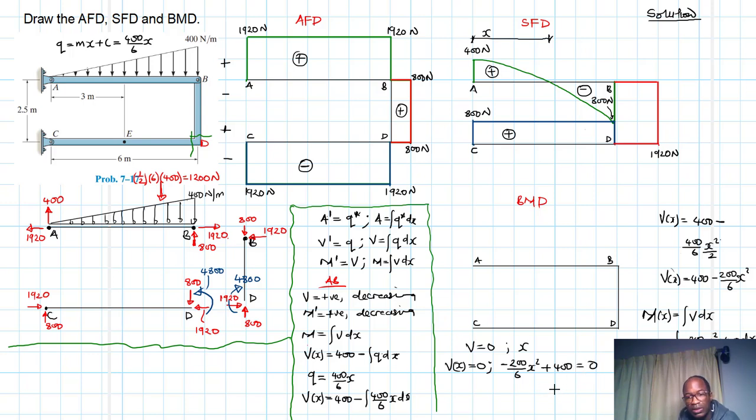This is a quadratic, which we can solve. Let's solve it. So this becomes 200 divided by 6 x squared equal to 400. And then let's find what x is. We're going to find two values. So we have 400 divided by 200 divided by 6. So we have one value.